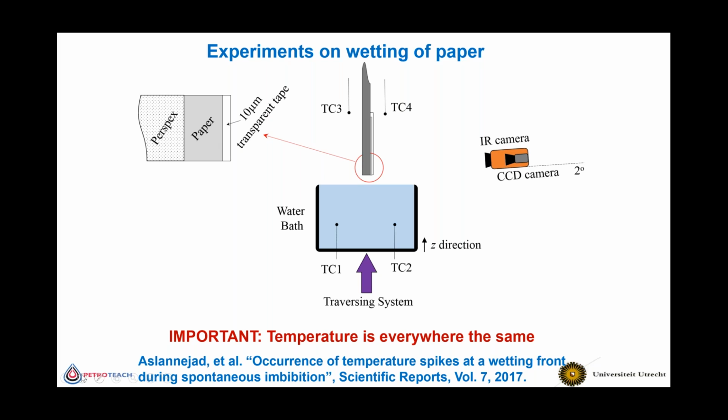In the lab, the experiment is as follows. We have a lab space where the temperature is the same everywhere, so we have thermometers all over, inside this bath of water and in the air. And then we have a bucket, a bath of water. And we have here a piece of plexiglass plate, a perspex, and we stick a piece of paper on this plexiglass plate.